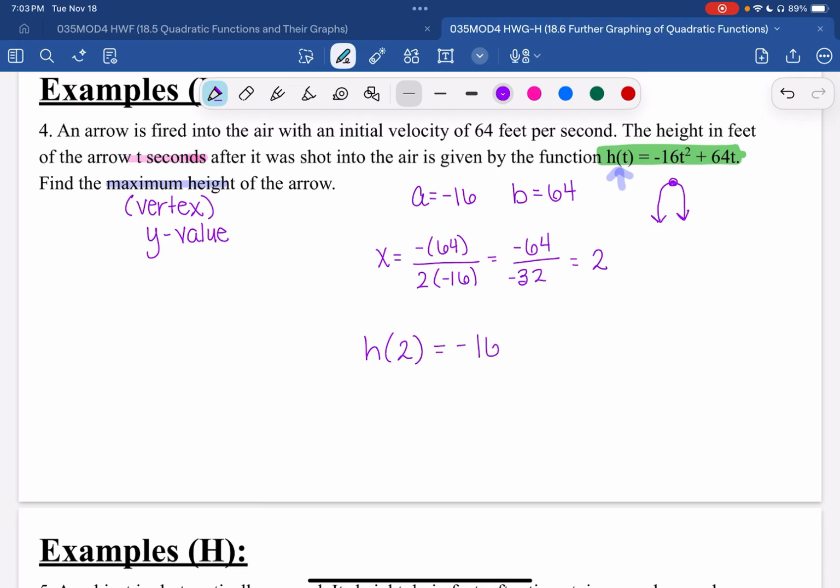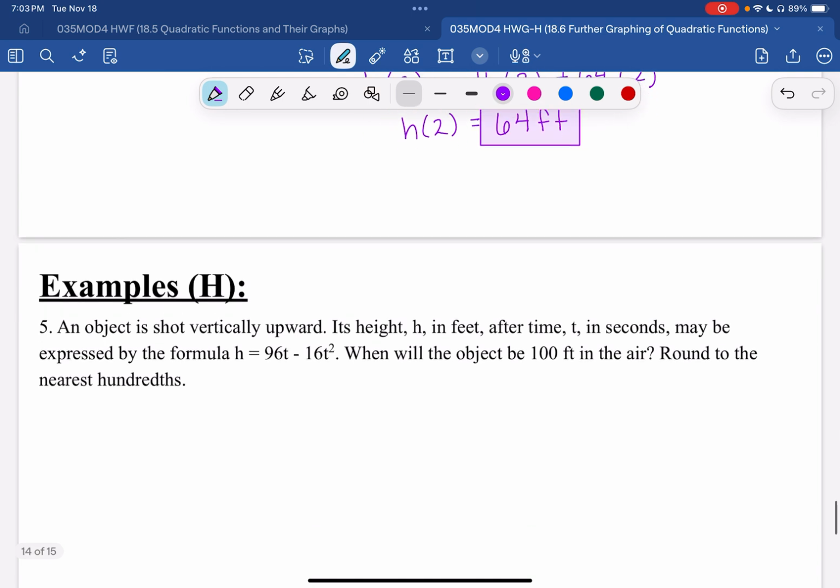So negative 16 times 2 squared plus 64 times 2. You can plug that into our calculator. And so h of 2 is equal to 64. It's the height in feet, so 64 feet. Okay.